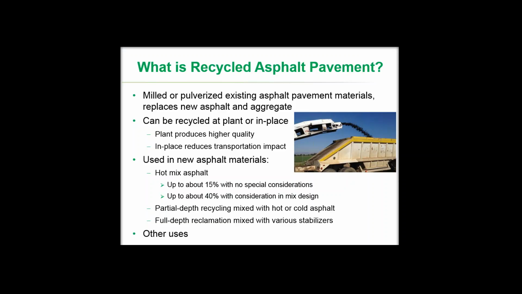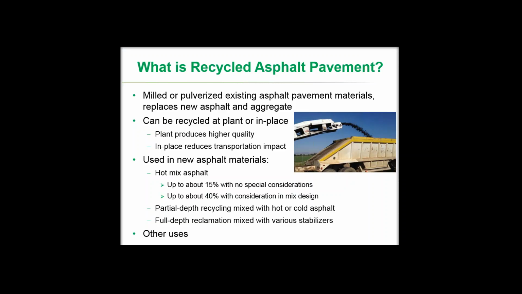When RAP is used in new asphalt materials, and these are approximations of percentages, different agencies will have different specifications, but you can easily use up to about 15% with no special considerations in the mix design, and up to 40% with some special consideration in the mix design, which can offset a great deal of virgin aggregate and asphalt binder in the mix.